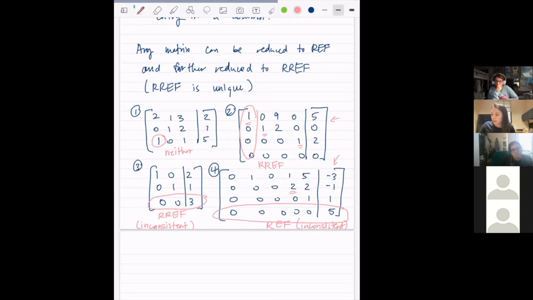Also, if we focus on this column right here, we have a leading entry. Suppose it was 1 and we were still trying to figure out whether it was in reduced row echelon form or not. There is a 1 above it, which is non-zero. That is another condition that it doesn't satisfy, because if you have a leading entry, everything else in that column should be 0. That makes sense? Okay, cool.